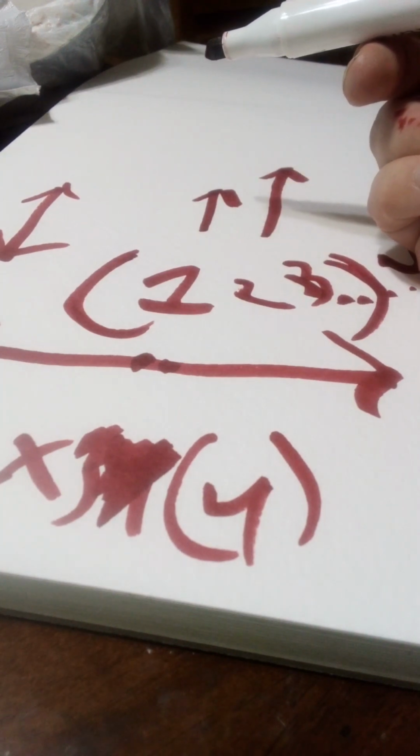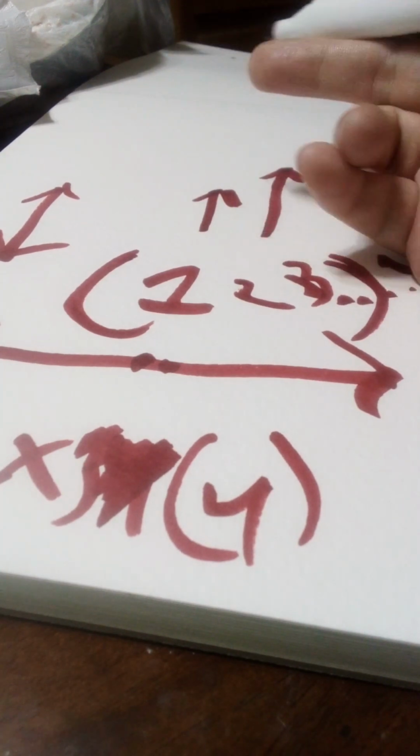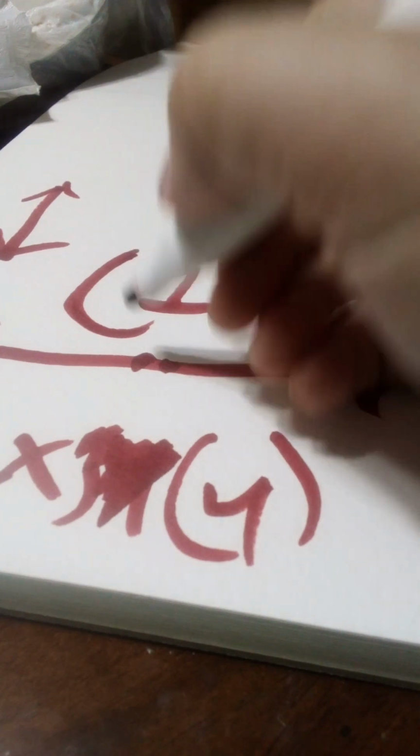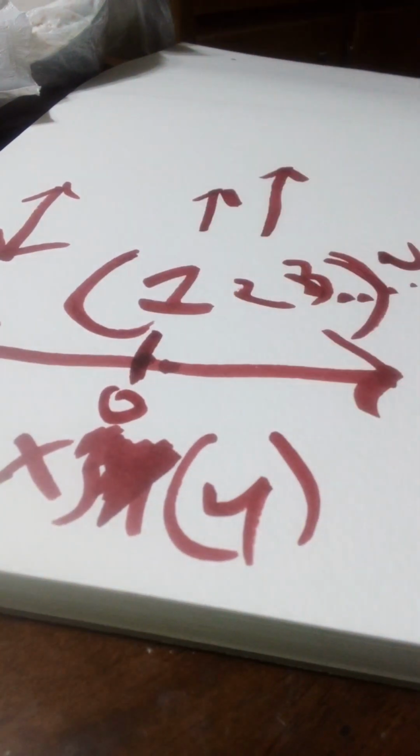And when we think about the concept of 0, we're saying that 0 is the origin or the midpoint of that plane, that it is in the exact center.